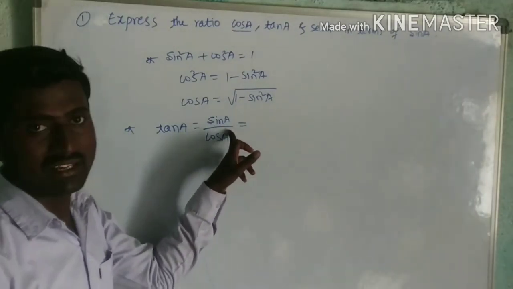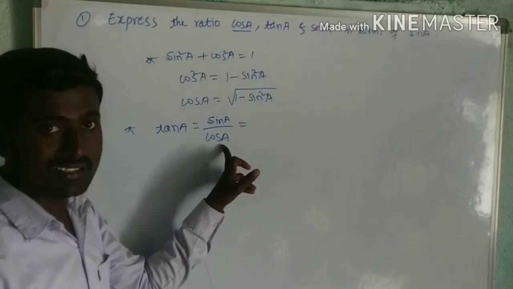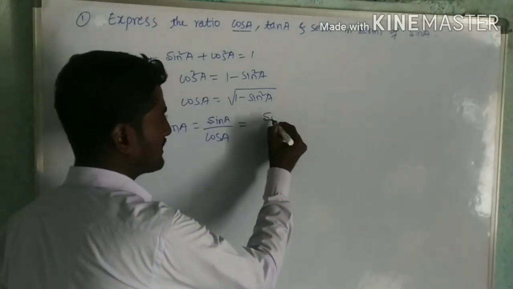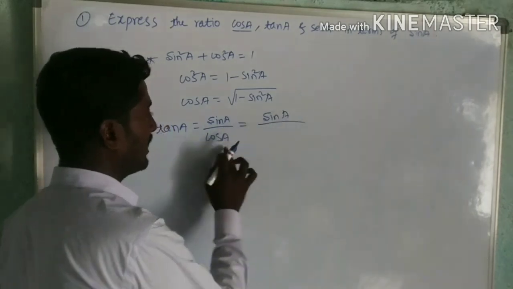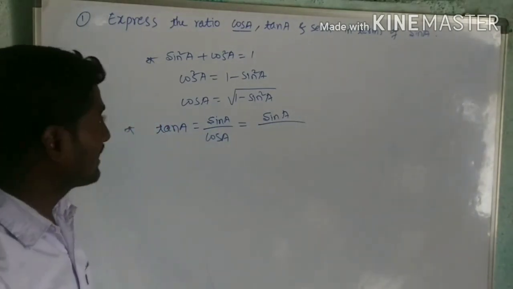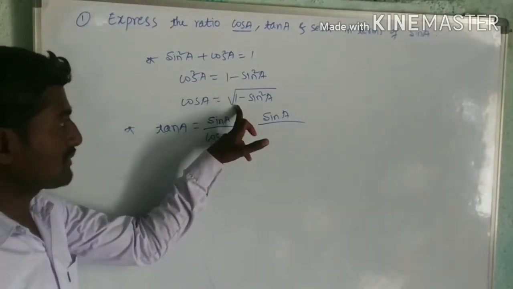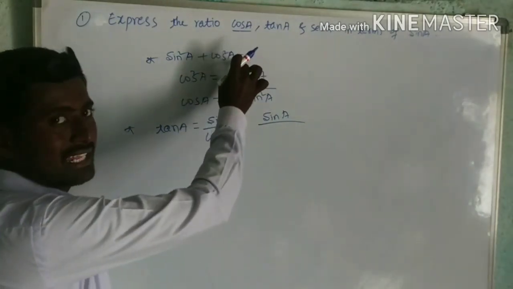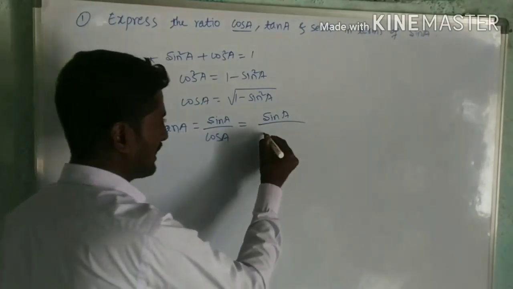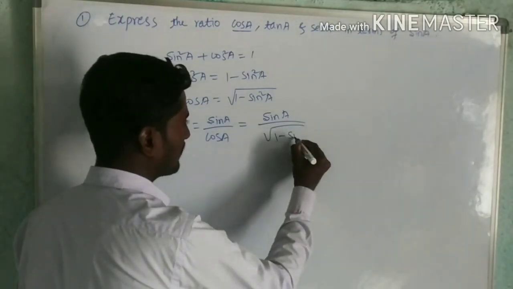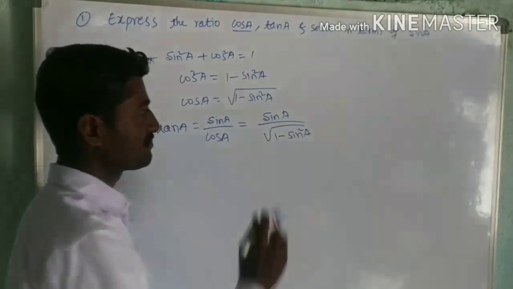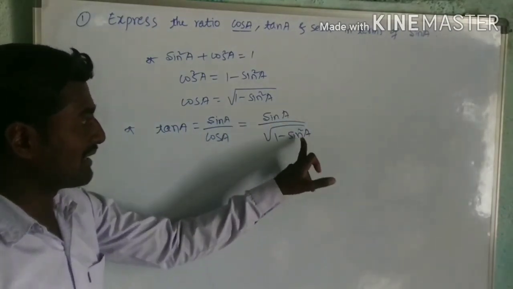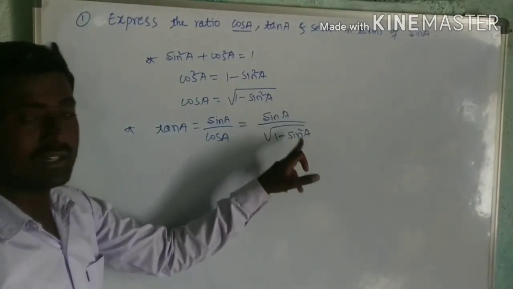I want to convert this cos into terms of sin. Already I got it: cos A in terms of sin is root of 1 minus sin square A, by using the original identity. So it is sin A divided by root of 1 minus sin square A. On the right side you see tan in terms of sin only. The trigonometric function is only sin.